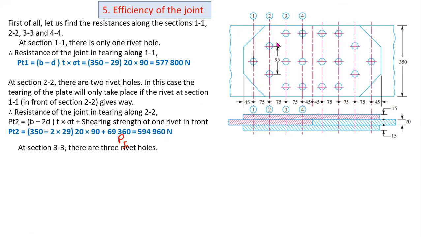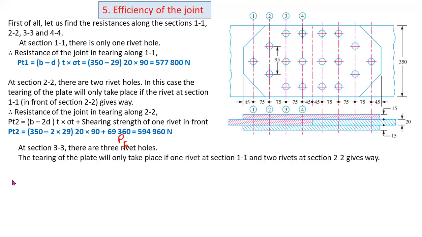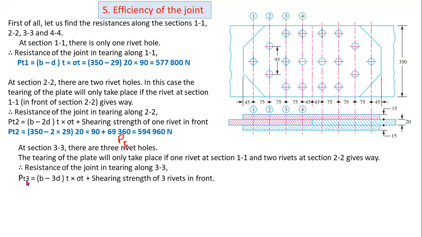Now at section 3-3, there are three rivet holes, so you have to consider 3 times the diameter of the rivet. Here PT3 is the tearing strength for the third row. So (B minus 3d) into t into sigma t. Sigma t is the tensile stress induced in the plate material. Plus you have to consider the shearing strength. Here this is the shearing strength.